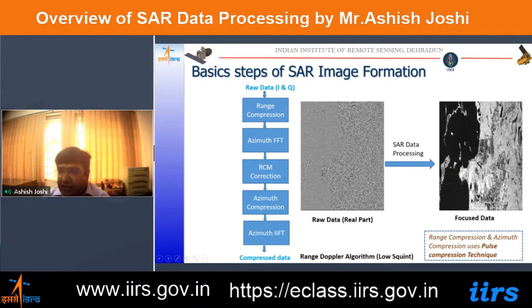If we are directly provided this level 1 data, then we don't need to do these steps. We directly use the product and generate our orthorectification and some other products, which is called level 1 processing.